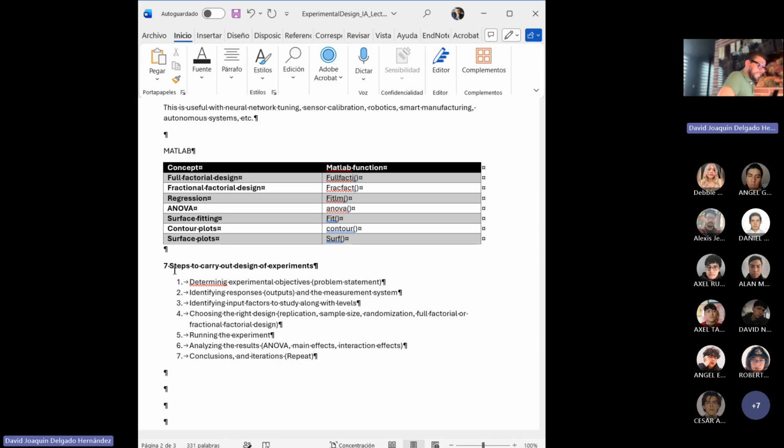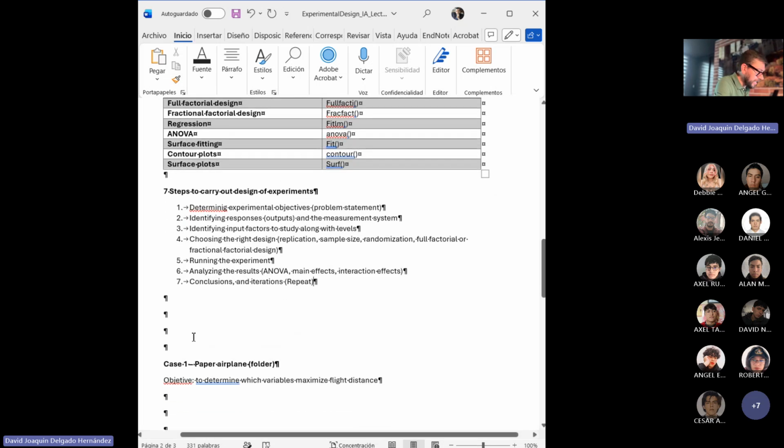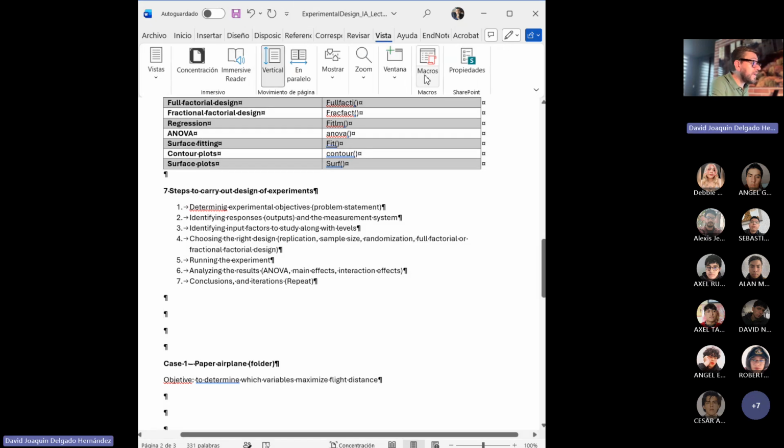So let us apply this to our three cases. So let me put this here. So I am going to divide my Word document.